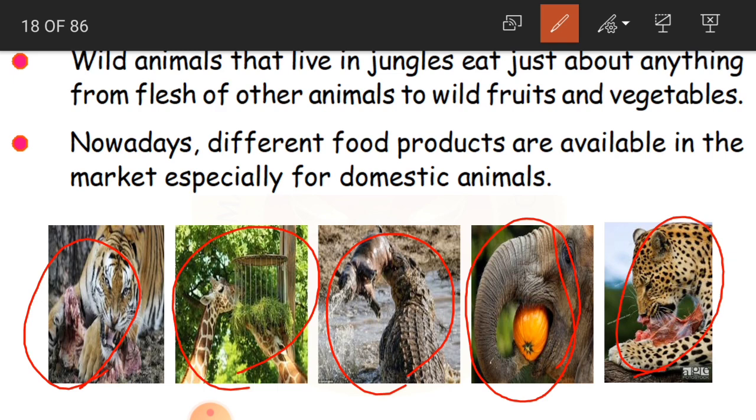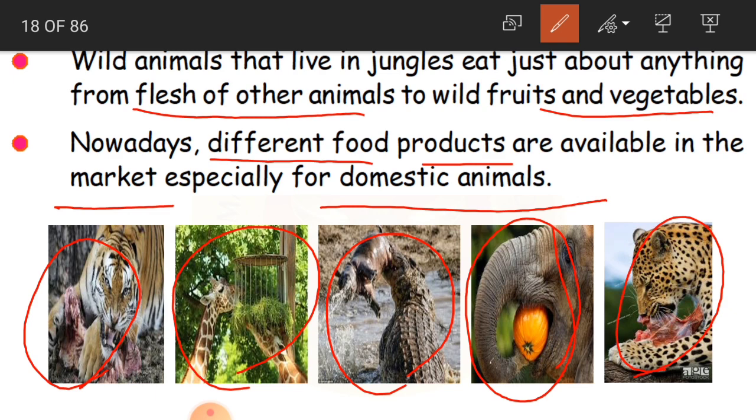So wild animals are going to kill other animals and eat the flesh of that particular animal. Nowadays different food products are available in the market, especially for domestic animals. Ready-made food is available in the market.